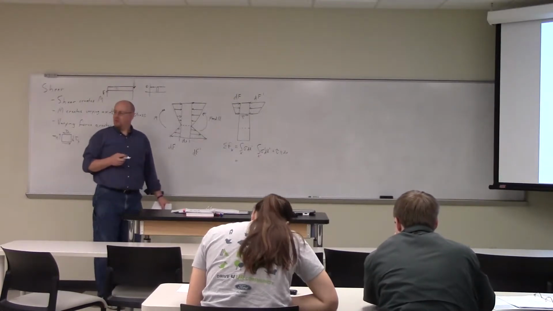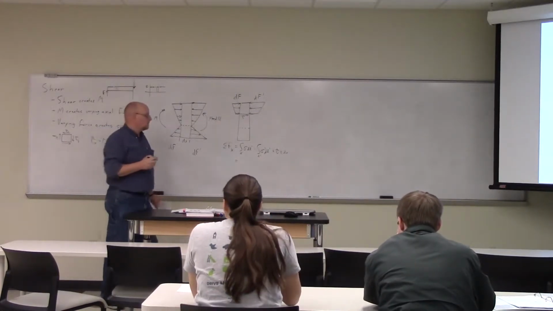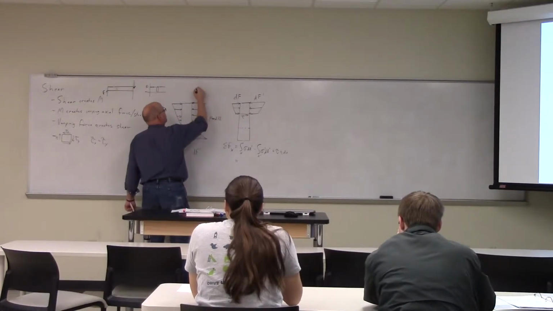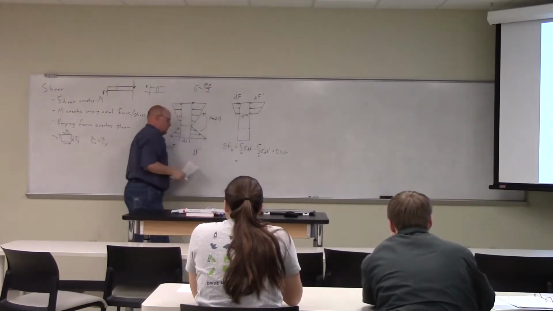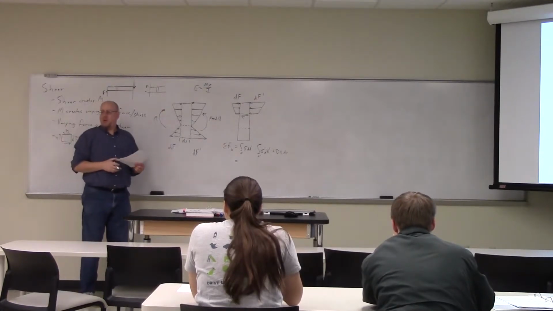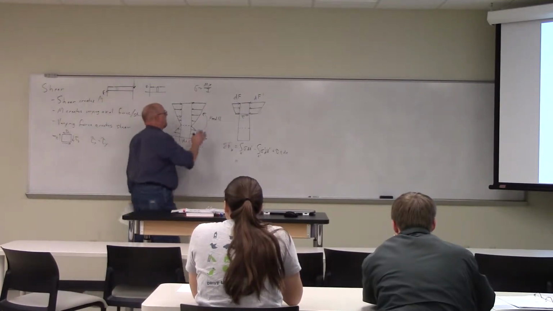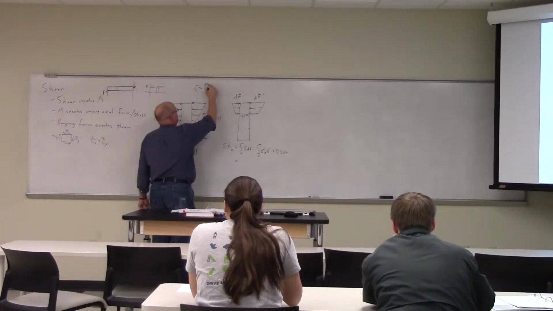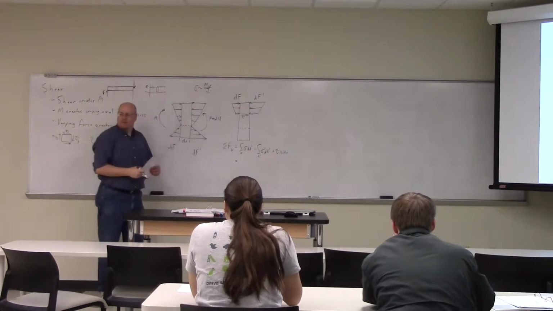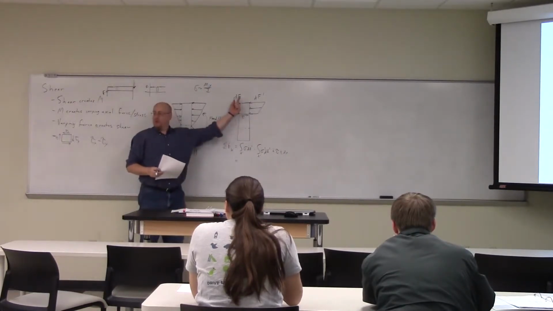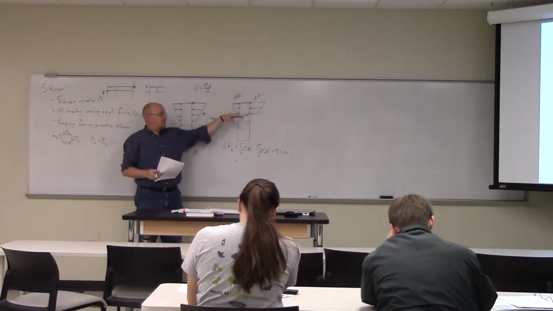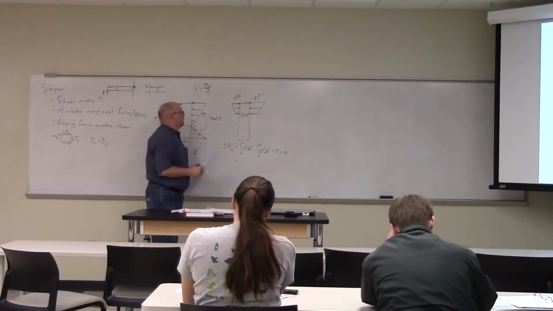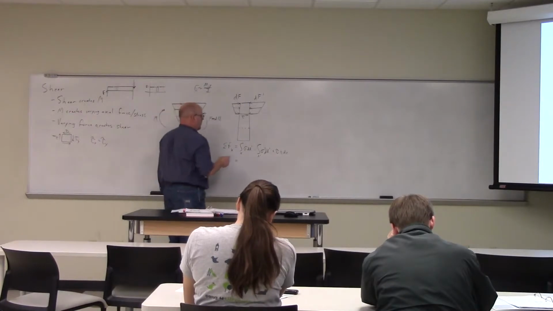Remember from the equations we just used, it's actually My over I. The stress gets bigger the further we get from the neutral axis. That's the y position. So stress is My over I.